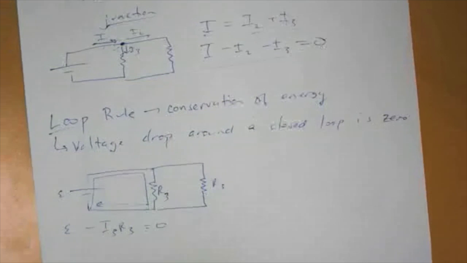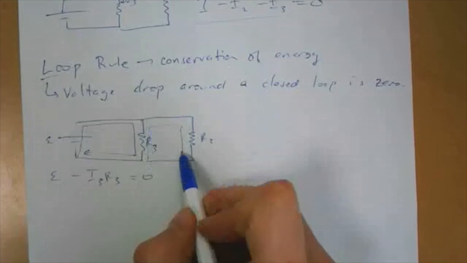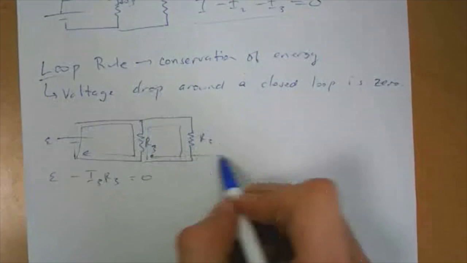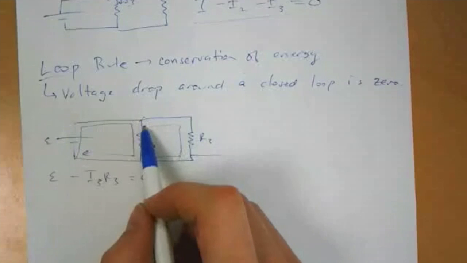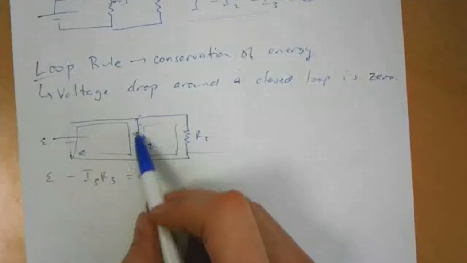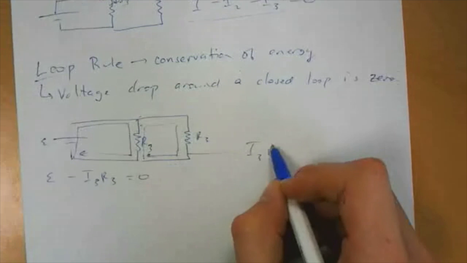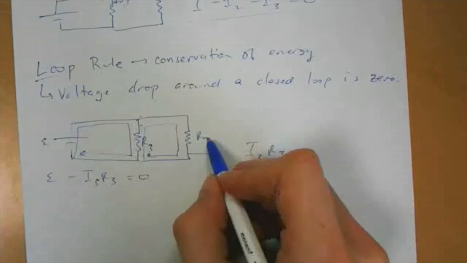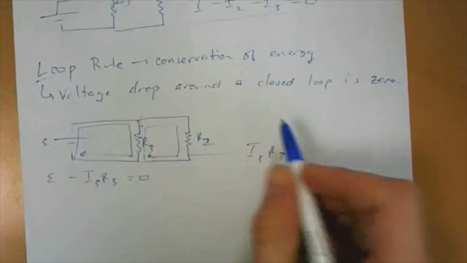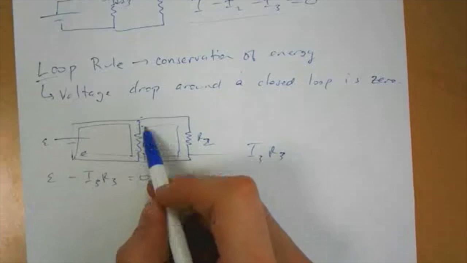You could take another loop. Say we take this one. Now over here, we know that current is going to be flowing downward. So as we go this way, I would call that a positive change in voltage. This is R2. So we call this negative, a voltage drop going this way, so I'll call it a voltage increase going the opposite direction.